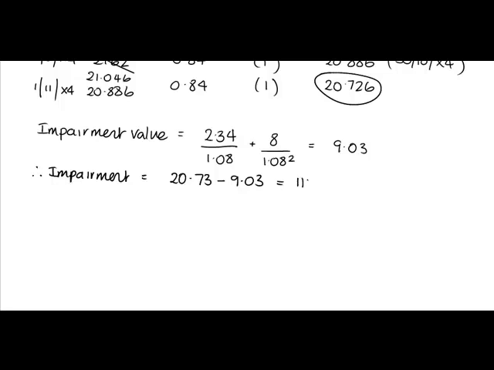Which works out as 11.7, and that will be debit the income statement and credit the value of the bond. So our impairment cost is 11.7. How you want to treat that is down to you. I might put that through, as it's an impairment of a financial asset, I might add that to finance costs, or I might put it through against admin. Frankly, nobody really cares.